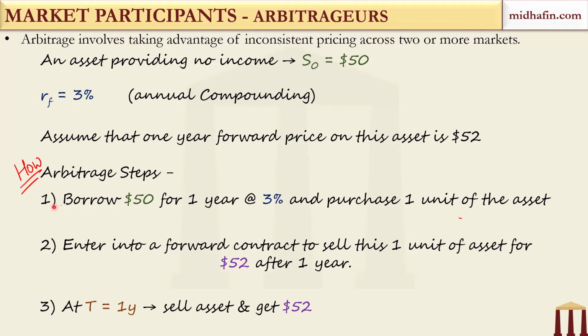So when these steps are executed, you get this arbitrage, and how you get it is quite clear. But why are you executing these steps? How in the first place do you know that you have to borrow $50 for 1 year and short this forward contract? Because the second step is nothing but taking a short position. How do you know whether to take a short position in a forward contract or a long position?